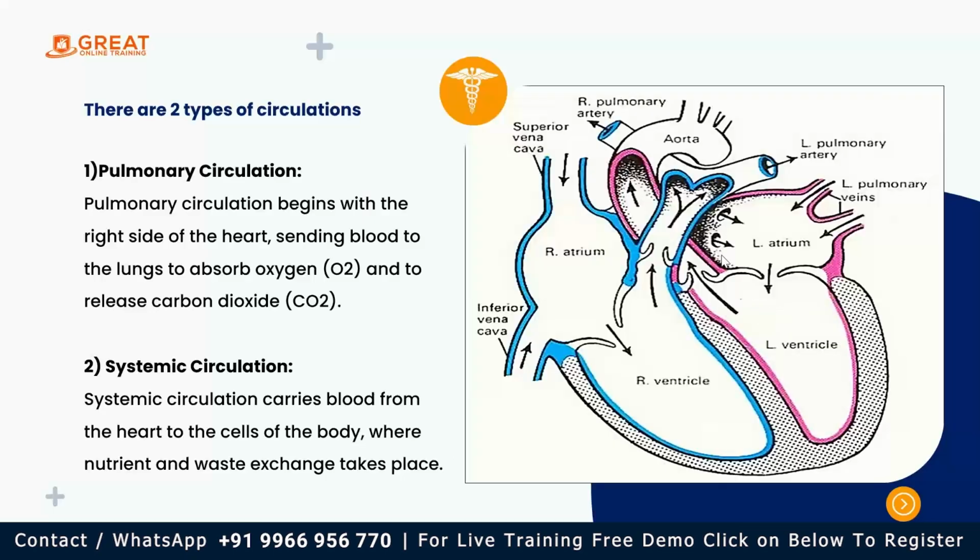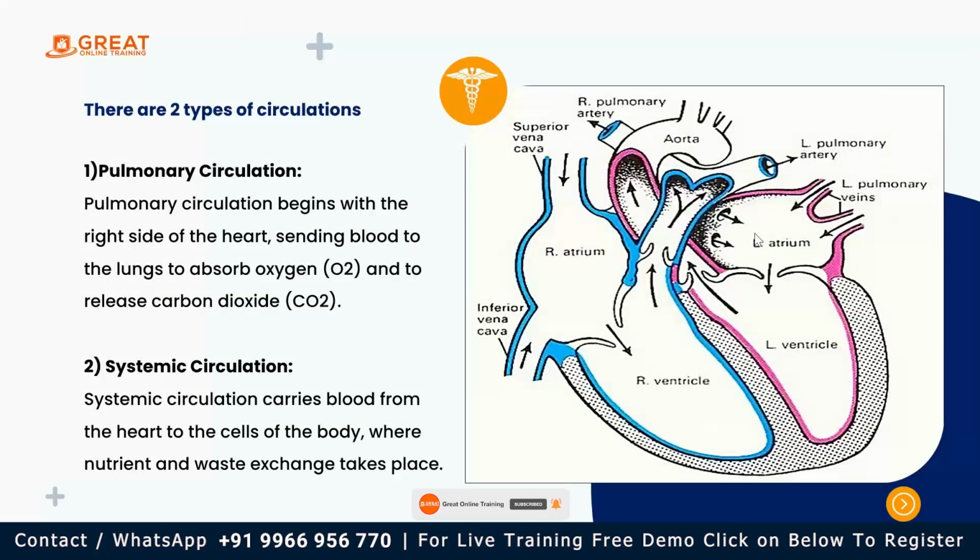So systemic circulation happens on the left side of the heart, where oxygenated blood goes from the heart to the different cells of the body via. I'll explain this diagram first.